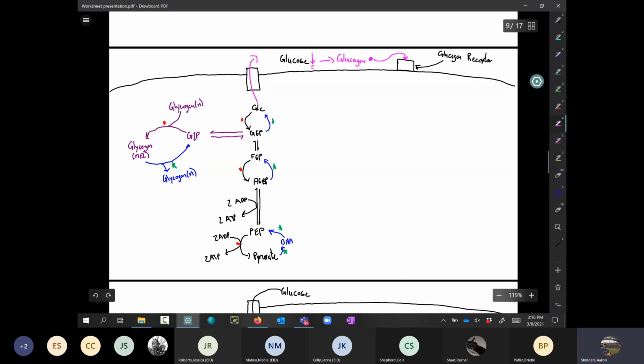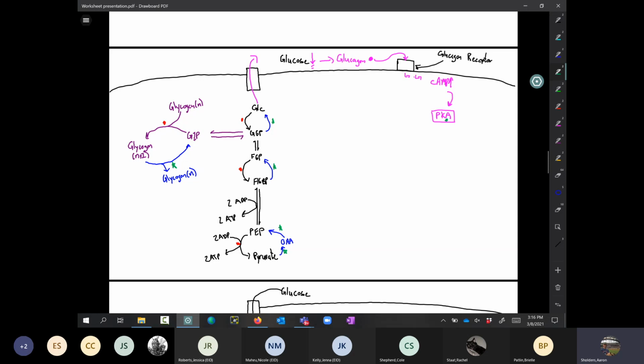So downstream of this, cyclic AMP will go up, and then this would activate PKA. We'll put a little green circle on it. Activated PKA.